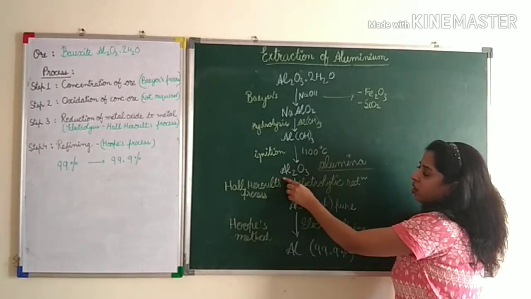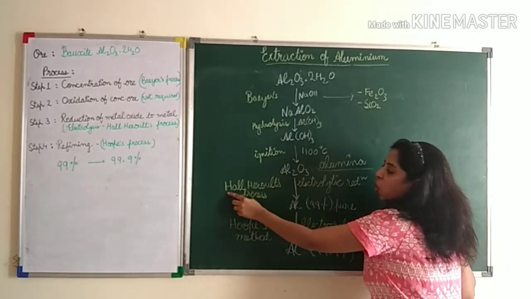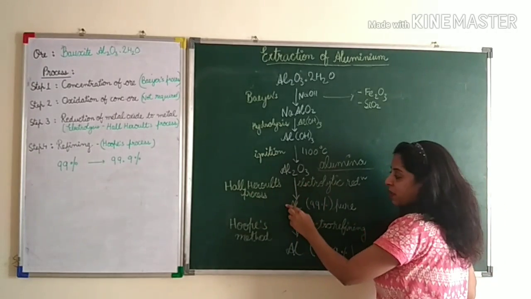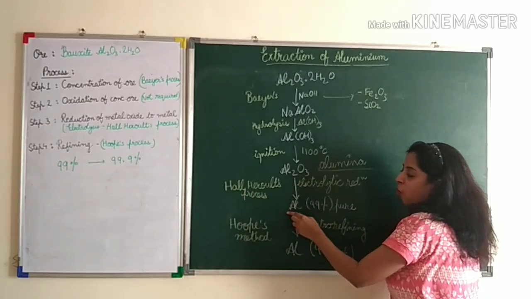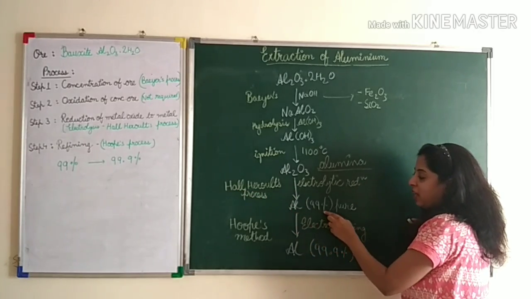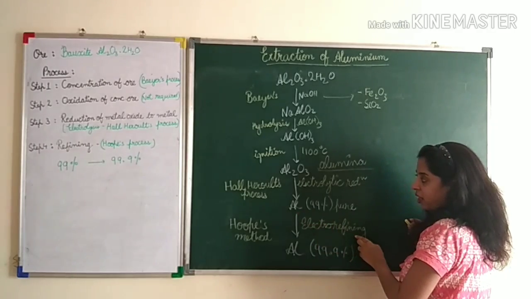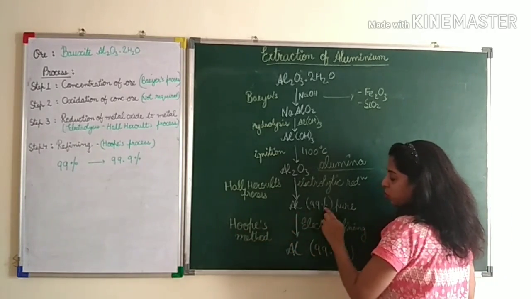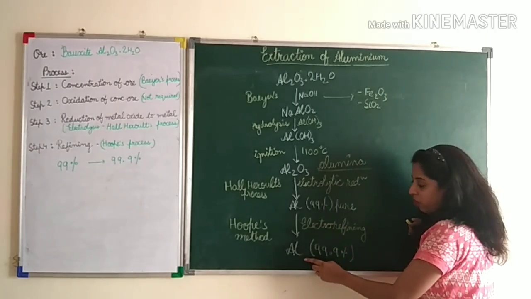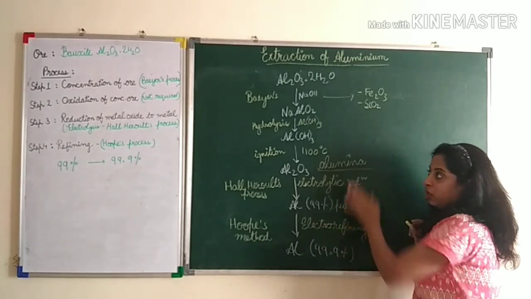After we got the oxide form, we did electrolytic reduction, that is Hall-Heroult's process, which I explained in detail. After doing Hall-Heroult's process, we obtained aluminium which is 99% pure. After that we did electro refining, known as Hoop's method. So from 99% pure aluminium we got 99.9% pure aluminium.